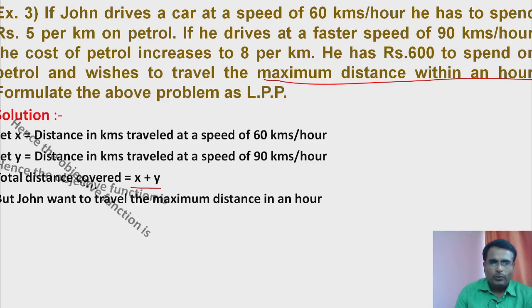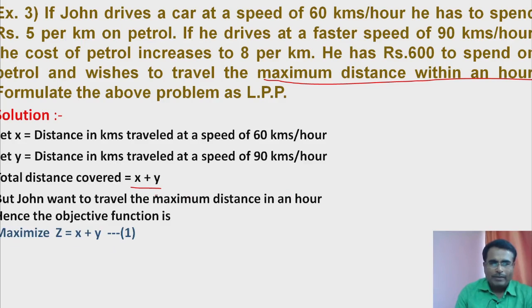Therefore, the objective function is maximization of z equal to x plus y. This is your total distance. We want to maximize that. This is your first equation that gives you the objective function.